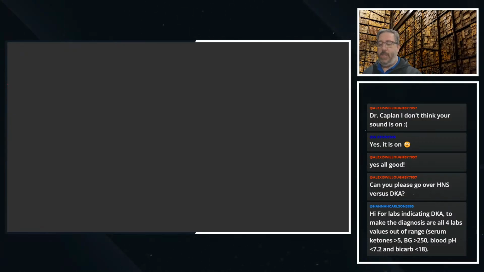So I might say in a question, the patient's preprandial is 270, and I may give you a scale that tells you exactly what your prandial insulin is. So, I'm making this up, if they're 150 to 200, you give 4 units.